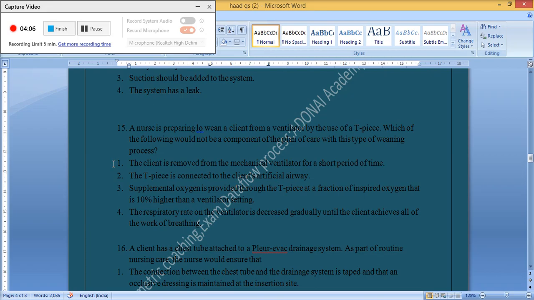Supplemental oxygen is provided through the T-piece at a fraction of inspired oxygen that is 10% higher than the ventilator setting. 4. The respiratory rate on the ventilator is decreased gradually until the client achieves all of the work of breathing. The correct answer is 4. The respiratory rate on the ventilator is decreased gradually until the client achieves all of the work of breathing.